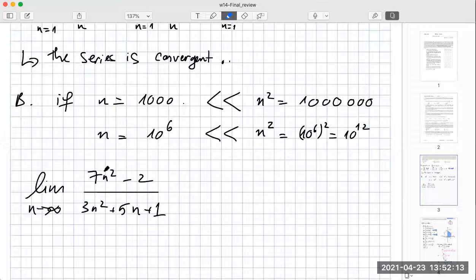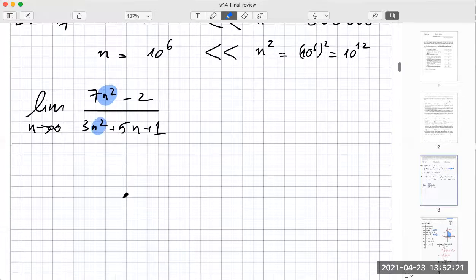we simply care about the highest degree of the numerator and the denominator. Because at infinity, the other terms simply become very tiny compared to the big brothers. That is why we should divide by the highest degree.